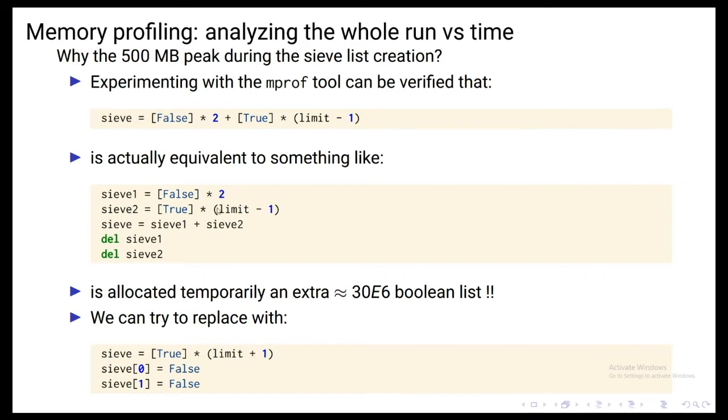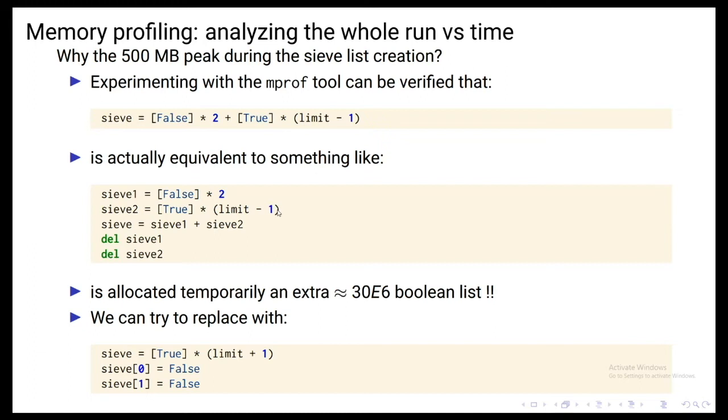Experimenting with the mprof tool, we can see that for the Python interpreter, the Python VM, when it executes the line, it will execute it equivalently as if we were doing all these steps: creating a small list of only 2 elements, False, and then a big list of almost 30 million elements, and then doing the addition of these 2.